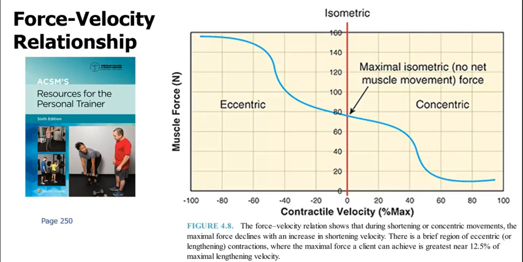When a muscle contracts at a higher velocity, with faster movements, it generates less force. Conversely, when the muscle contracts at a lower velocity, it can generate more force. This relationship is important to understand how muscles perform during different types of movements, whether they are focused on strength, like low velocity, or speed, like high velocity.